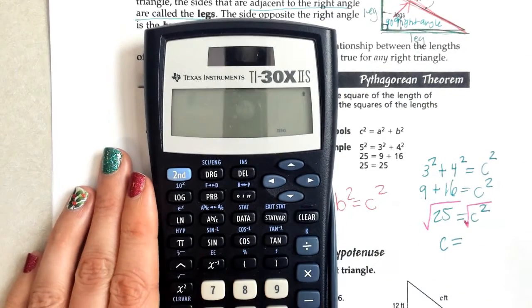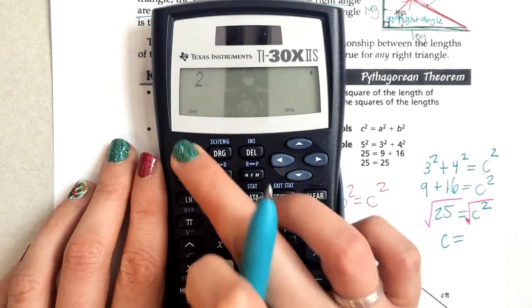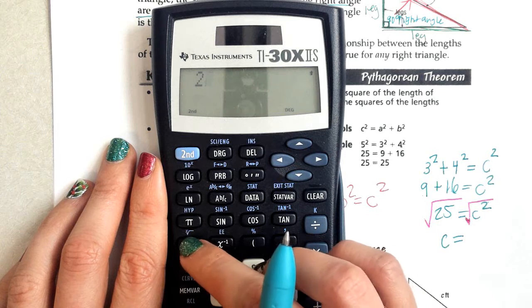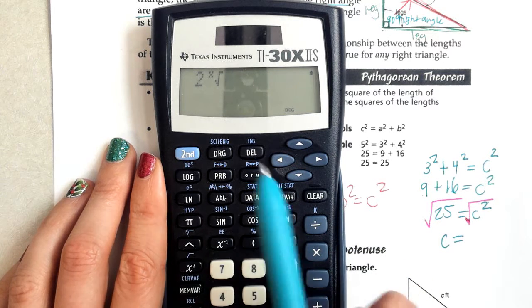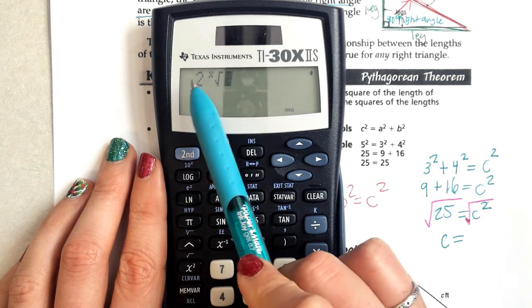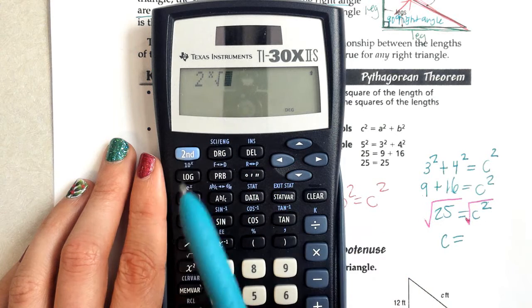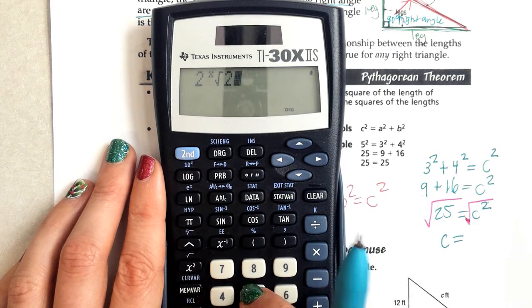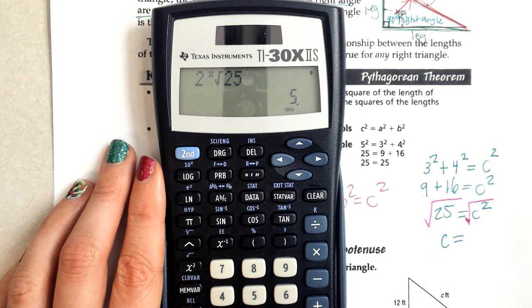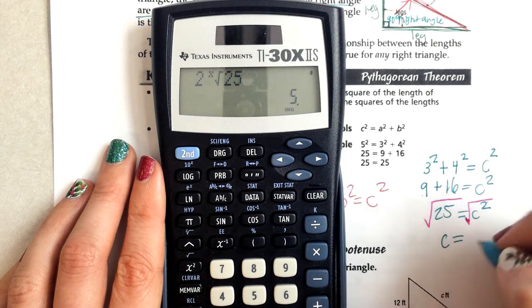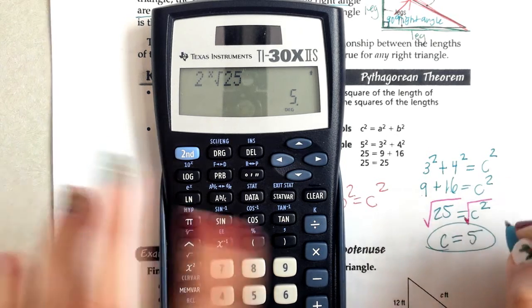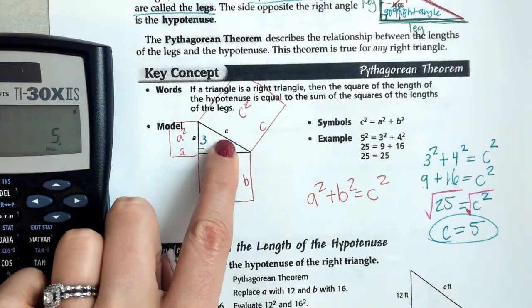You would type 2, your second button, and then your caret button. So this is taking the square root, not the cube root. That would be a 3 in front. So the square root of 25 is 5, because 5 times 5 gives me 25. So that missing side length would be 5.